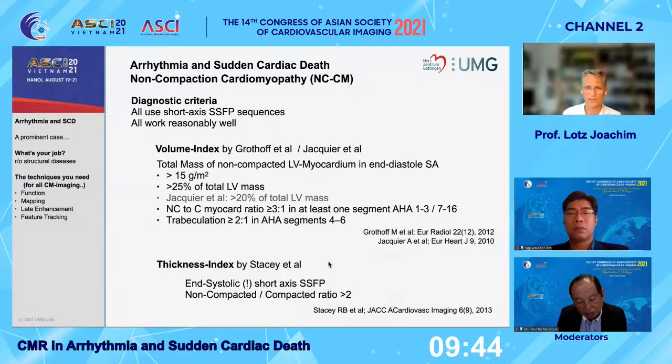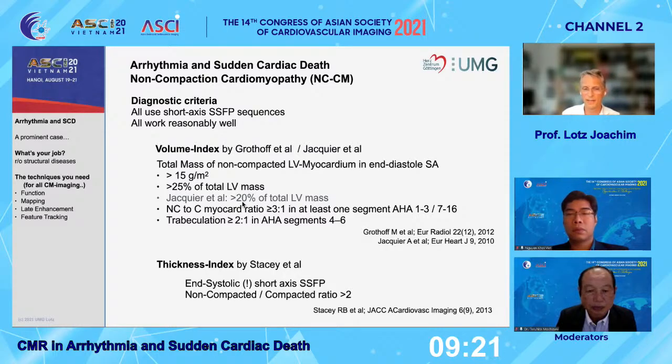And we actually use different diagnostic criteria. Those from Grothoff and Jacquier et al. have a different cutoff point for non-compaction cardiomyopathy in terms of how big the ratio of non-compacted myocardium is in comparison to the total left ventricular mass. Grothoff says 25%. Jacquier says anything larger than 20%.